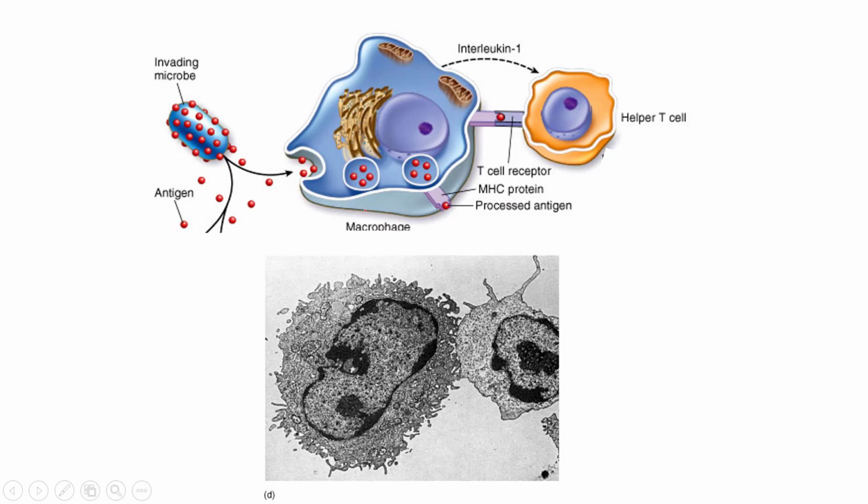It's showing the antigen presentation process within a macrophage, which binds specifically to a helper T cell, activating it with interleukin release. And this is the microscopic view of that happening. The cell on the left is a macrophage. The cell on the right is a helper T cell. This is how we activate that helper T cell.